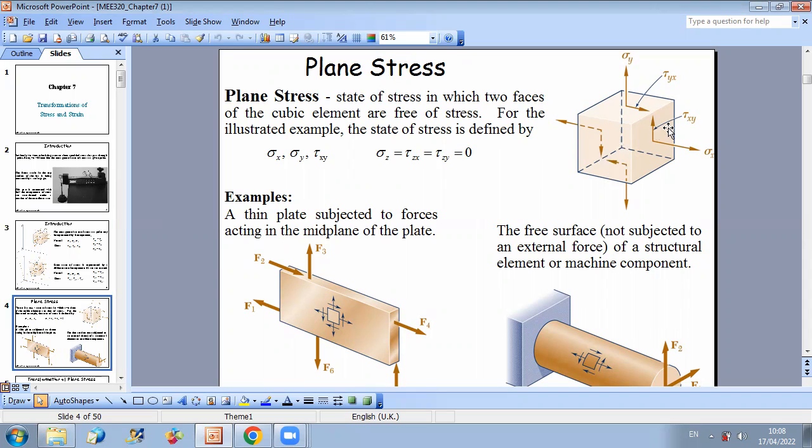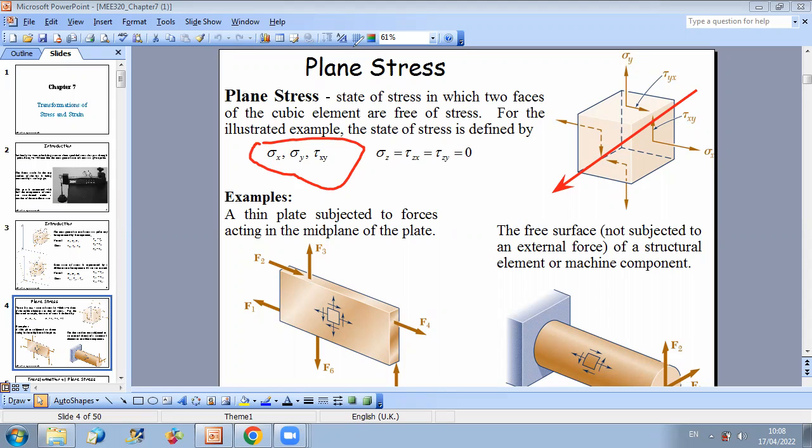In this case, if you look at the following figure, along z you don't have stresses. So you have sigma z, tau zx, and tau zy equal to 0. And then you only have three unknowns to deal with to determine the state of stress, which are sigma x, sigma y, and tau xy.